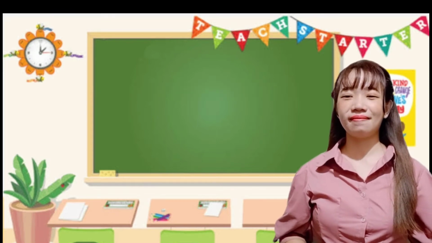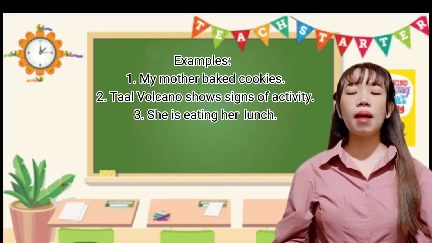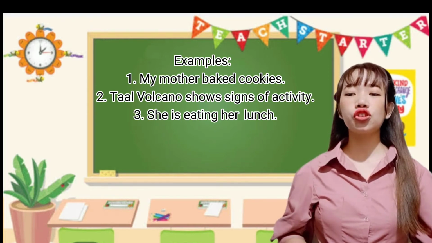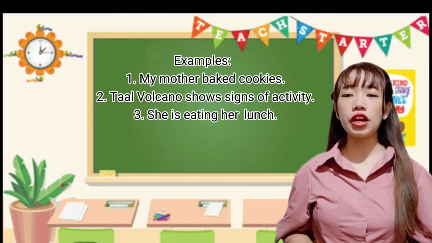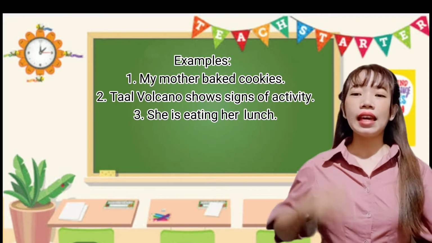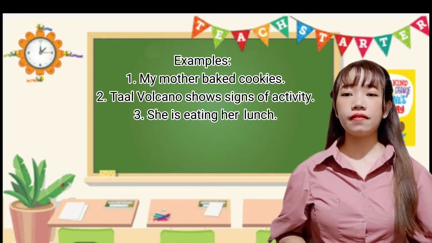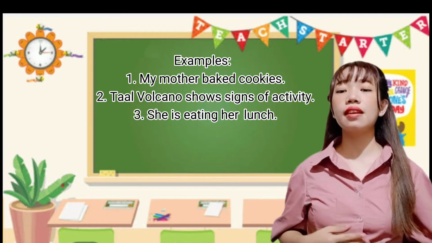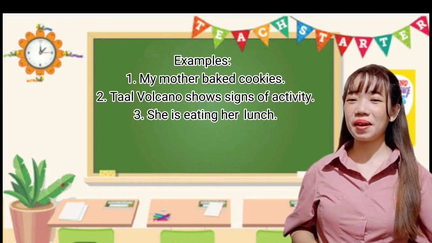Very good. So we have another examples. My mother baked cookies. The volcano shows sign of activity. She is eating her lunch. Each of these sentences are example of a declarative sentence because it gives us an information or it tells us something and as you notice, it ends with a period.